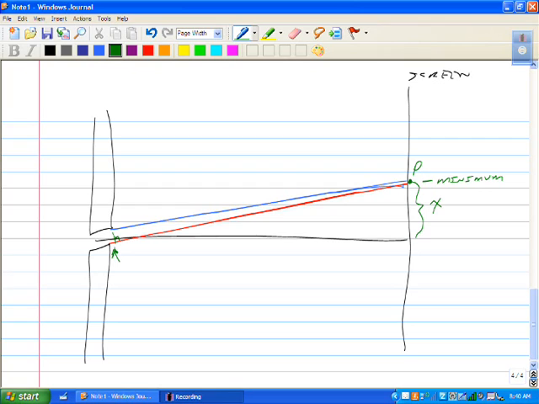Okay? Now, if point P is a minimum, it's where there's destructive interference. It's a dark line. Then the distance traveled by the red ray is, as I just pointed out, a half wavelength farther. Right? Because if you shift it a half wavelength, then it cancels out.